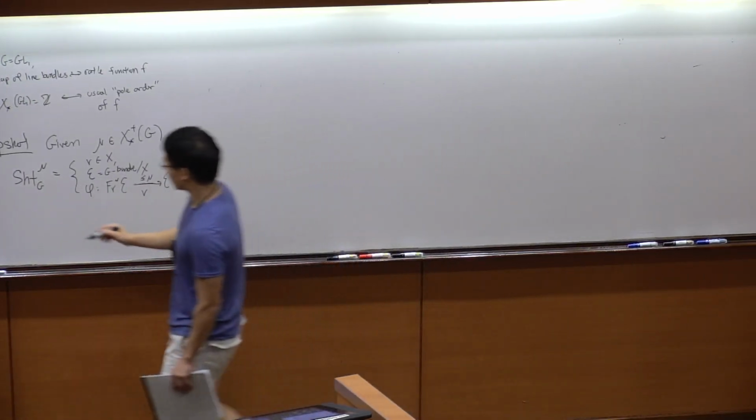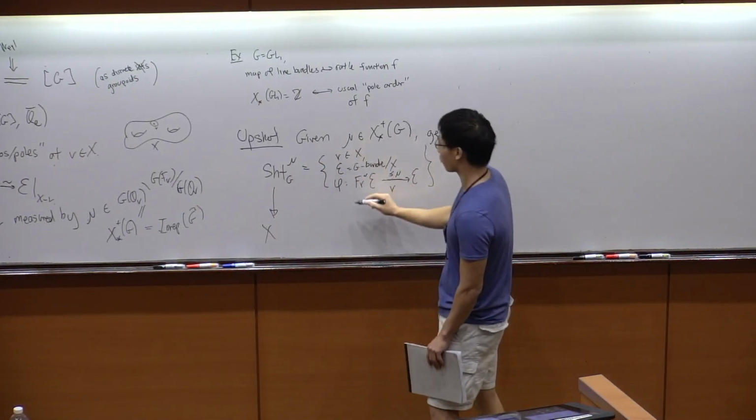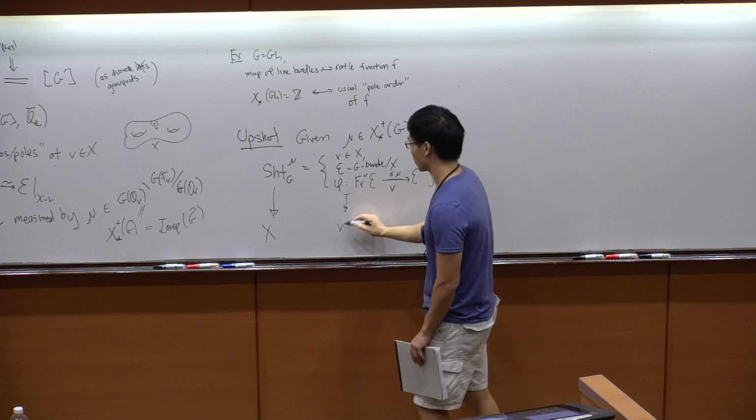Okay, and this space has a map to the curve just by remembering only the point where the pole occurs. So this datum would map to a point on the curve.